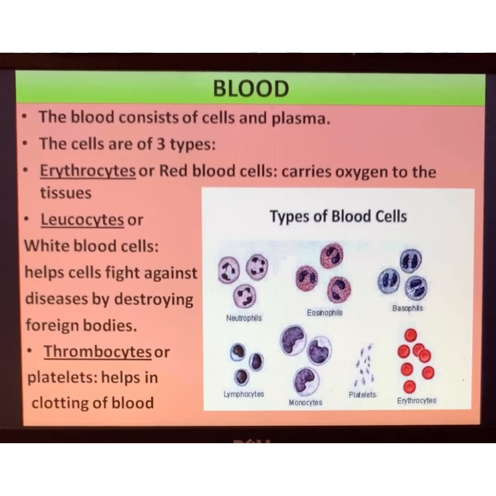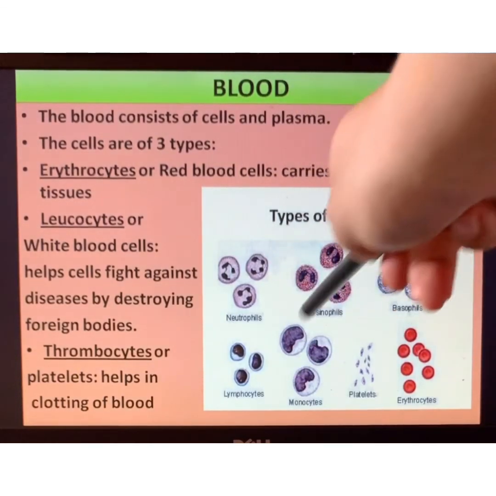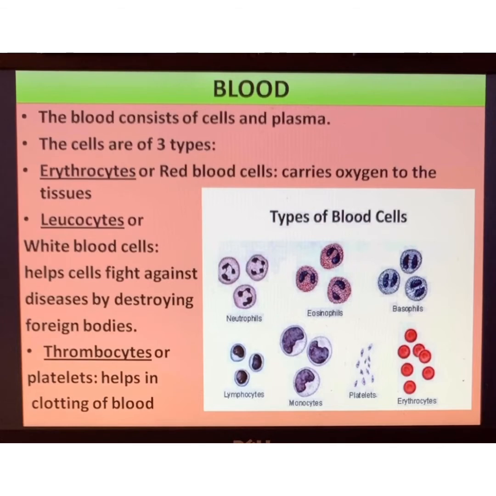Okay, so among leukocytes, they divide amongst themselves which pathogen they will fight. Some are specialized to fight bacteria, some are specialized to fight the protists, the protozoans, all those unicellular parasites.